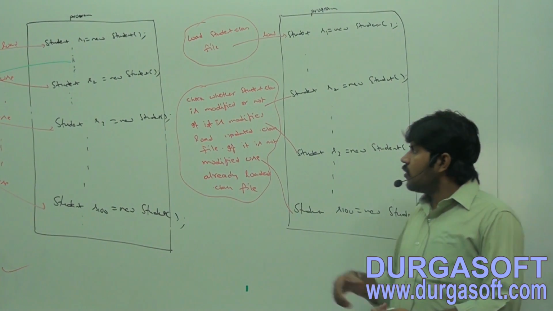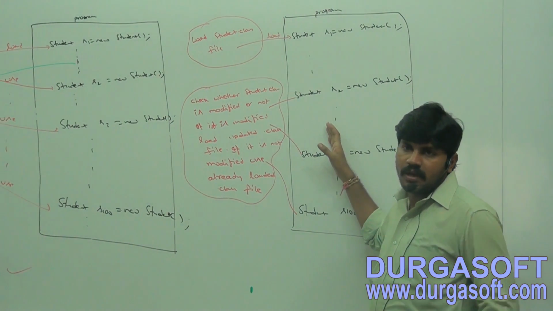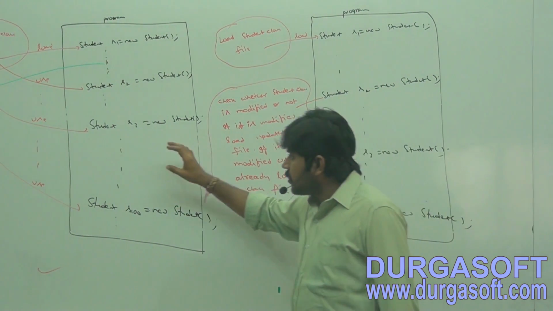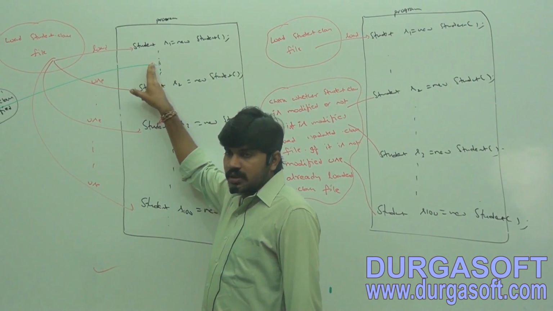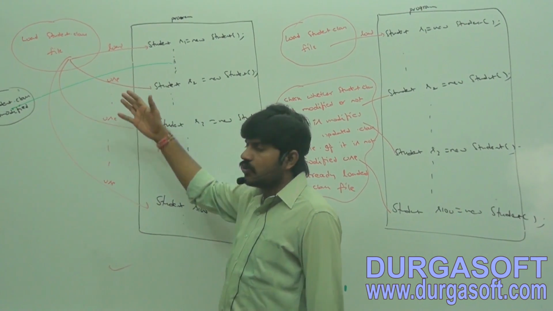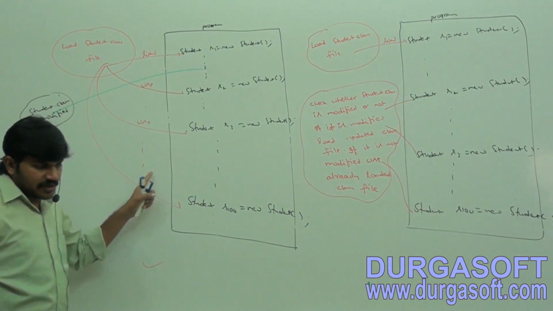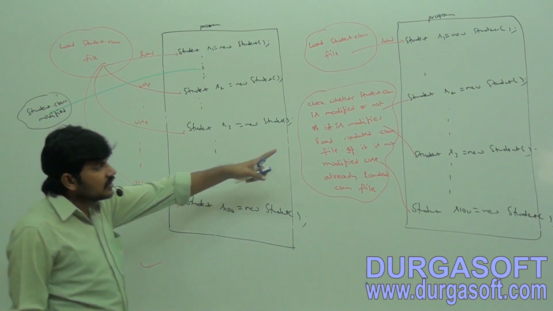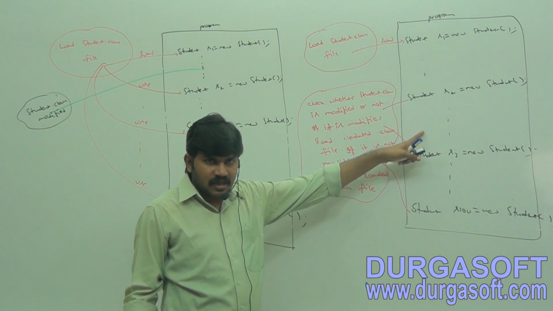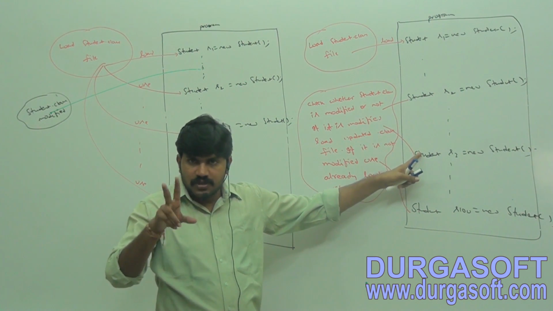Okay, sir, load every time separately. Updated version is there, but the first time load, use the already loaded .class file. Is this default class loading or customized class loading? Default class loading. And this one? Customized class loading. Observe the difference, right?